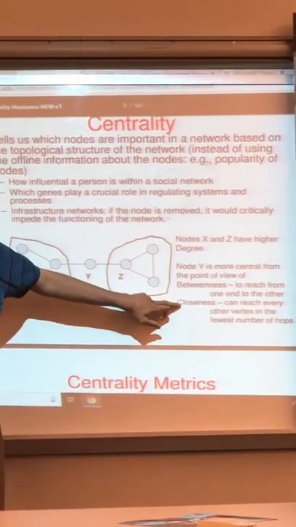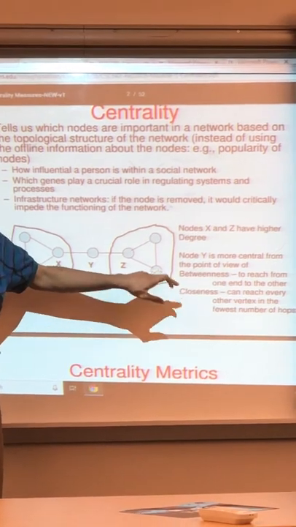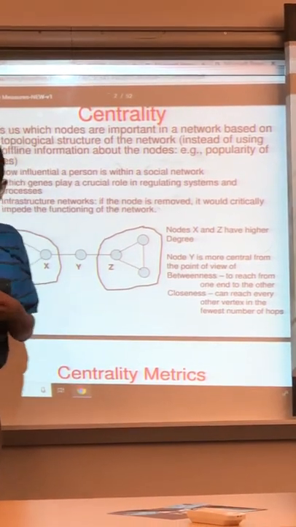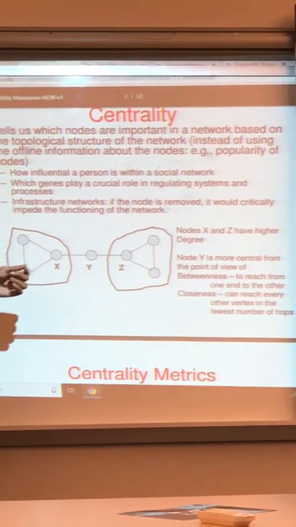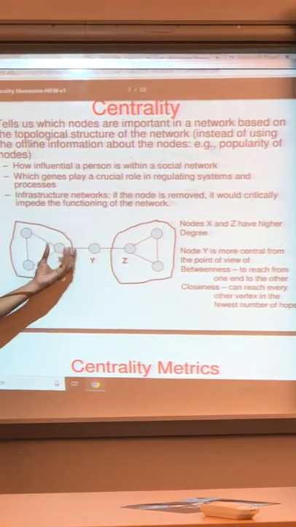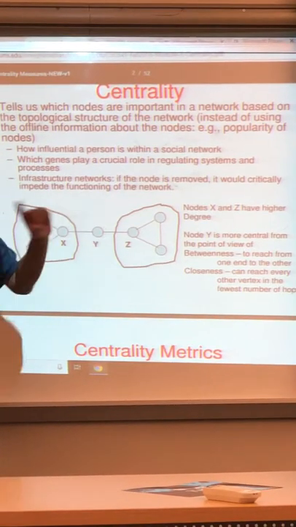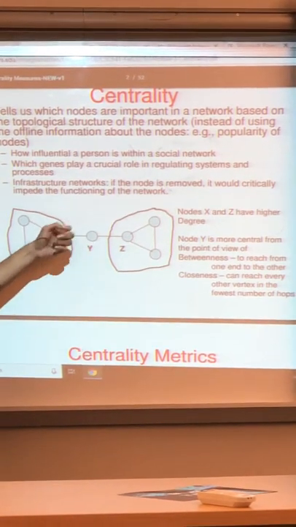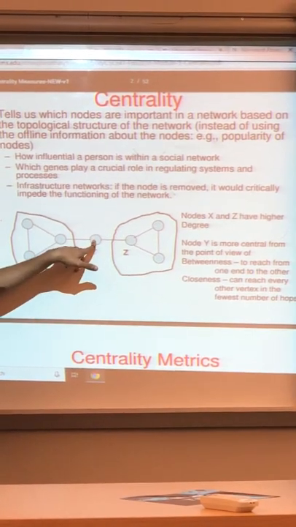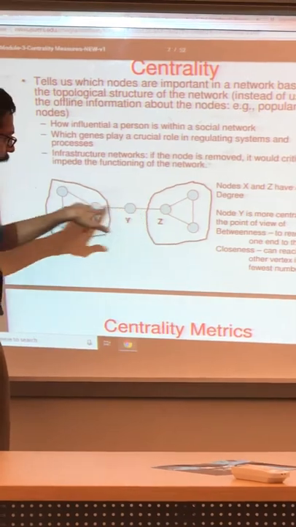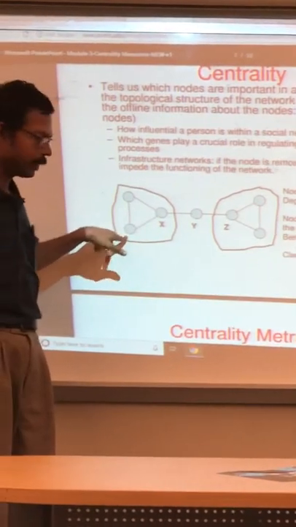Or there's another thing that's also shortest path based called closeness, which means how close is the vertex to the other vertices. Again, in that sense, Y may be even closer because Y is just one edge from X or Z, and 2 edges from the other vertices.